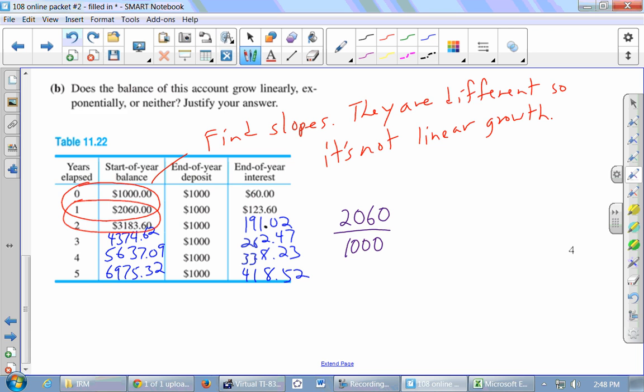And you'd want to compare that to 3183.6 divided by 2060. So the same kind of idea with those two pairs that I circled, but instead of subtracting to think about slopes, you can just divide them, like making a ratio table like in that first project. And as soon as you get two different numbers here, you can know that it is not exponential because it's not a constant ratio.